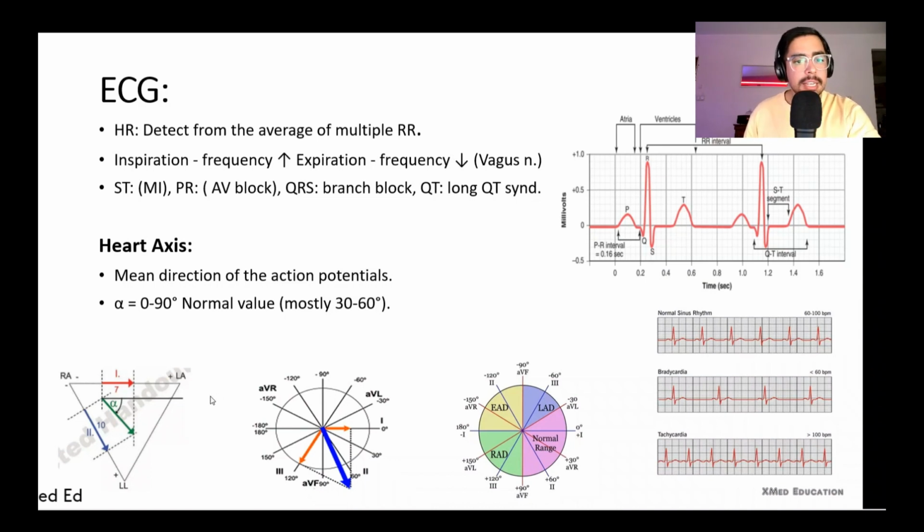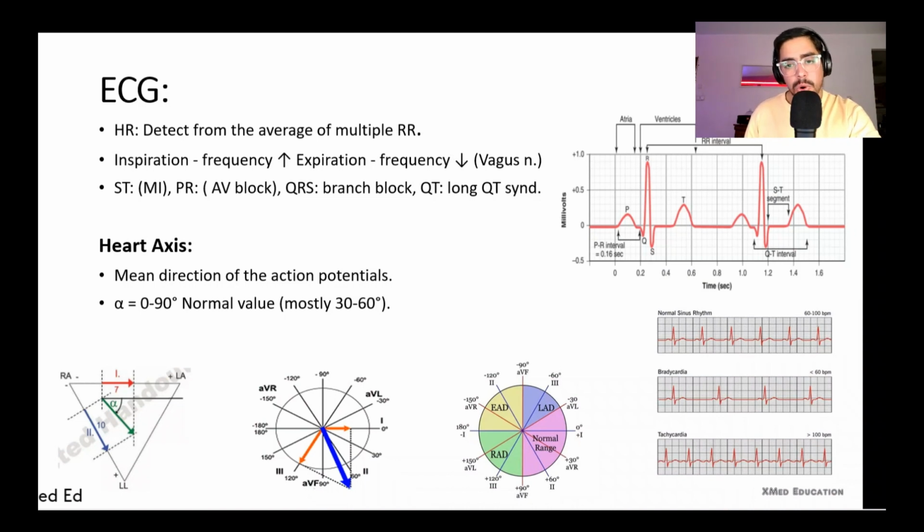And we can calculate this axis by the size of the QRS complexes in each lead, and this is for your third year during your pathophysiology classes. But what you have to know is that if it's from 0 to 90 degrees, and mostly from 30 to 60 degrees, it counts as a normal heart vector, or normal alpha degree.